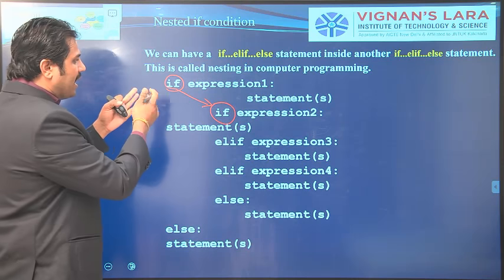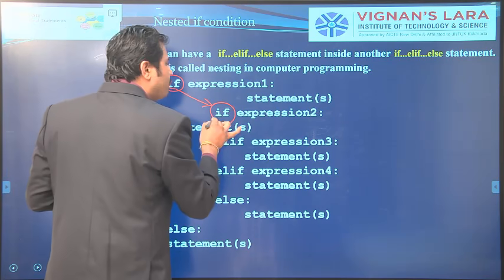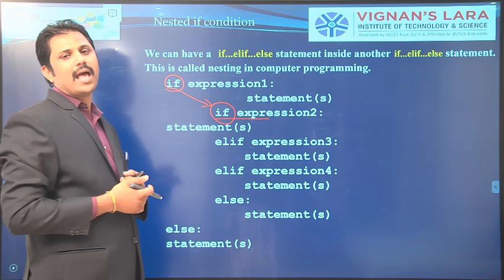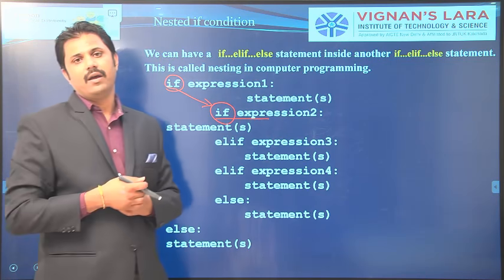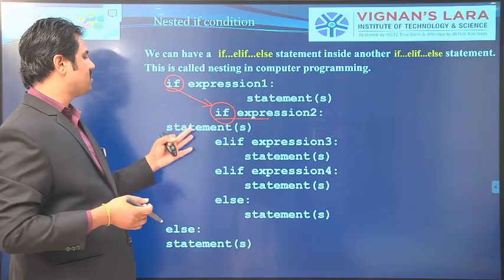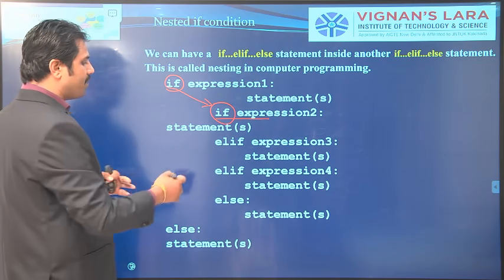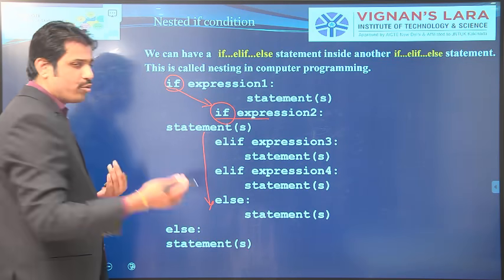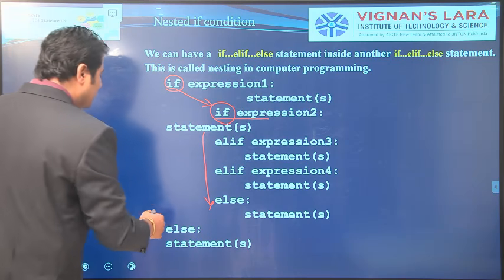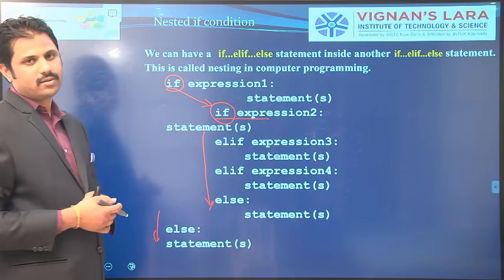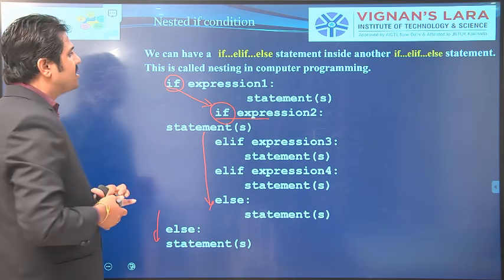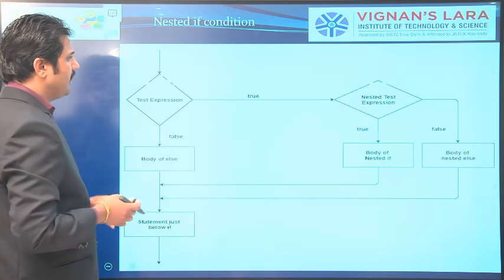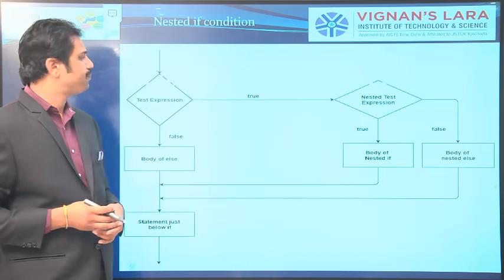That means an if having one more if statement, we simply call it nested if. So this is the nested if statement. This nested if can have elif statements, and you have to write else also, like this.